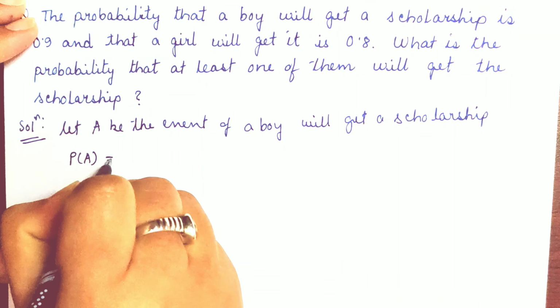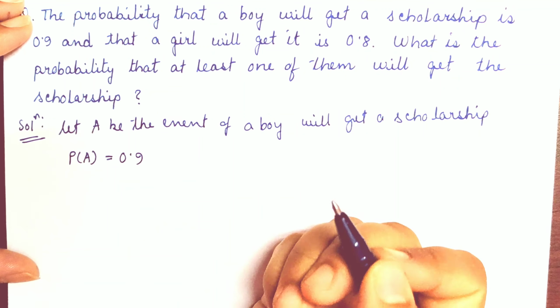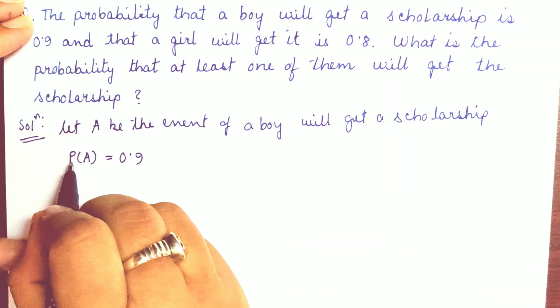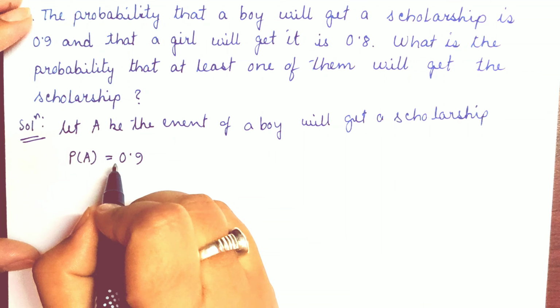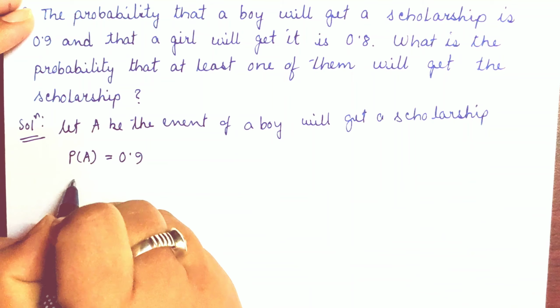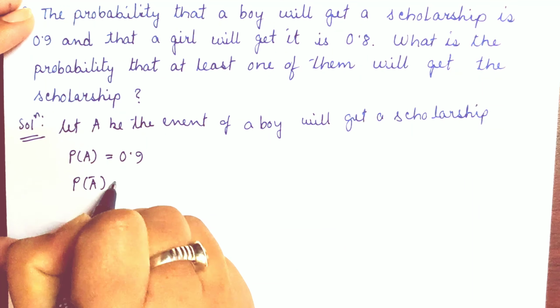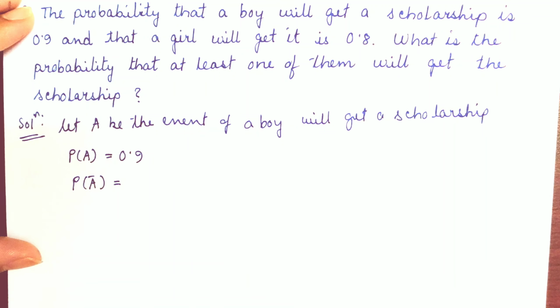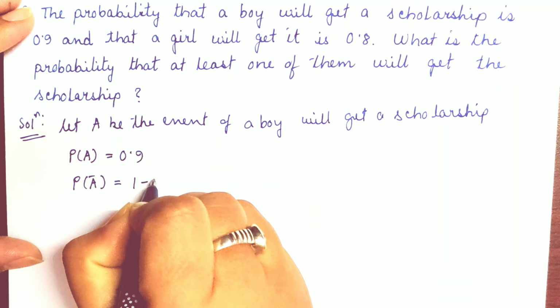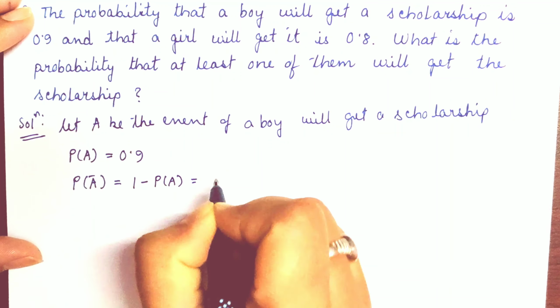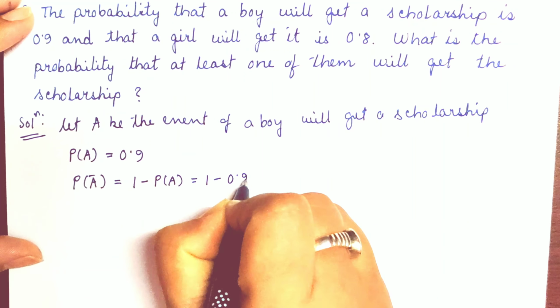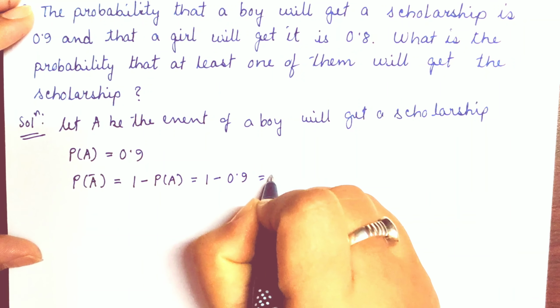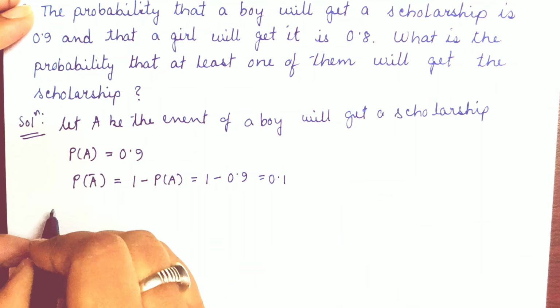Probability of A is given and the value is 0.9. If P(A) is the probability of getting the scholarship, then P(A bar) will be the probability of not getting the scholarship by the boy, and it will be 1 minus P(A), 1 minus 0.9 equal to 0.1.